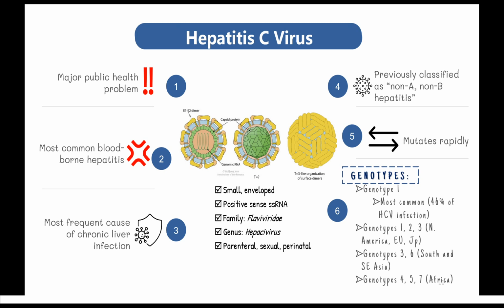Hepatitis C is considered a major public health problem and it is the most common blood-borne pathogen. Actually, dalawa yan sila. Hepatitis C and hepatitis B. With hepatitis C, blood is a major vehicle for transmission. And hepatitis C is the most frequent cause of chronic liver infection.